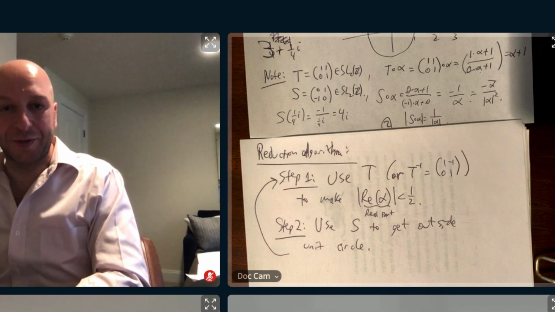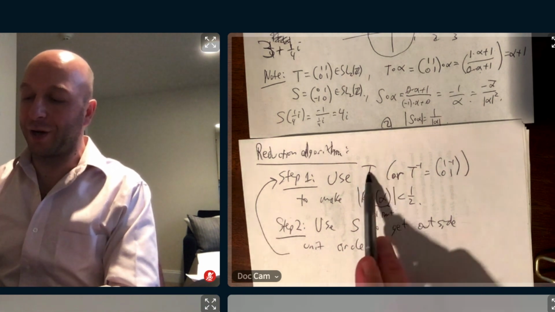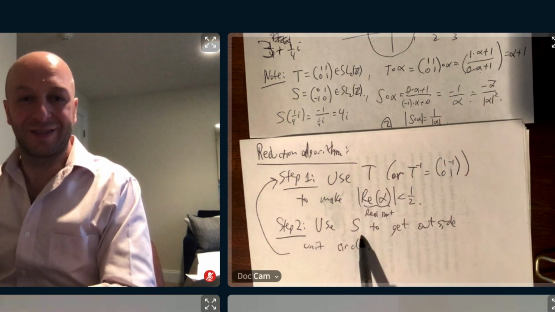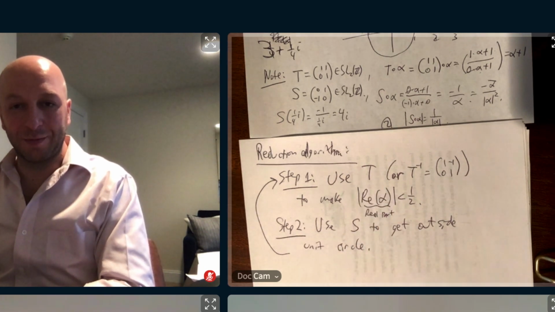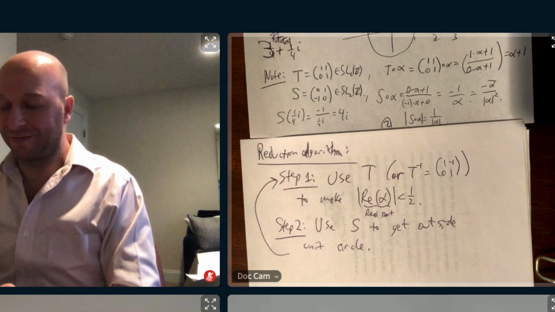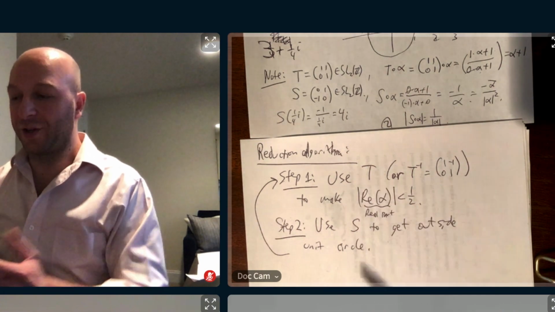When it stops, we keep getting the same root. It stops when neither of these moves makes it simpler. None of these moves reduce alpha.